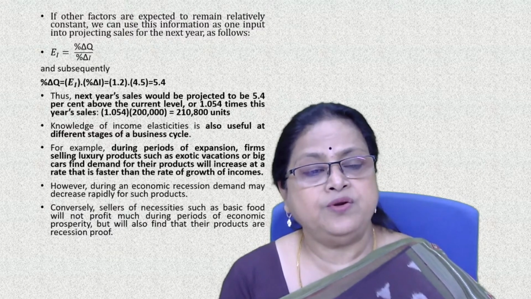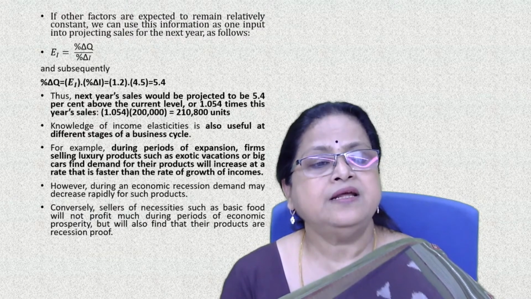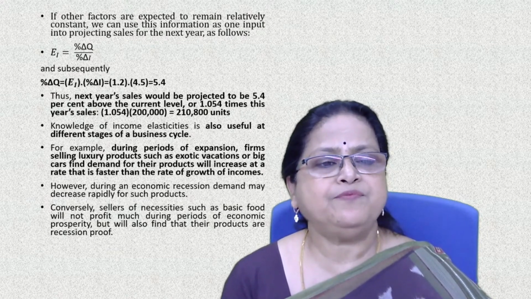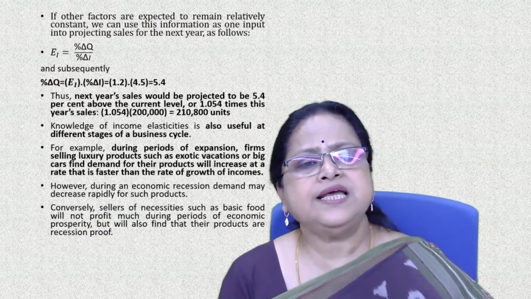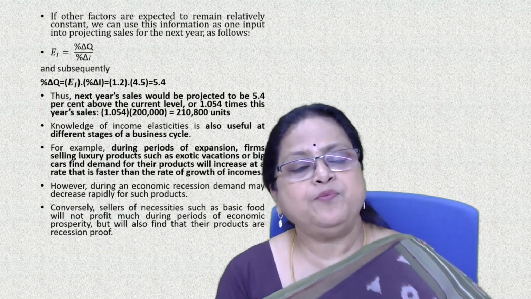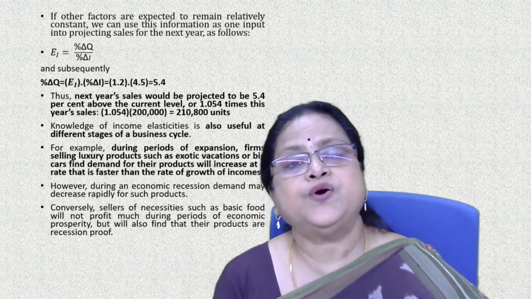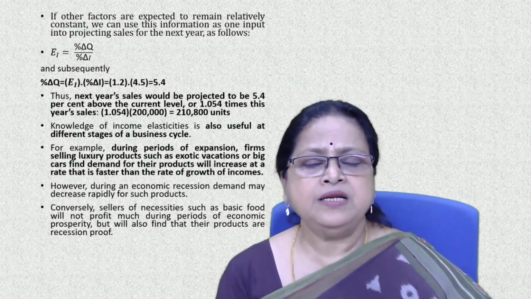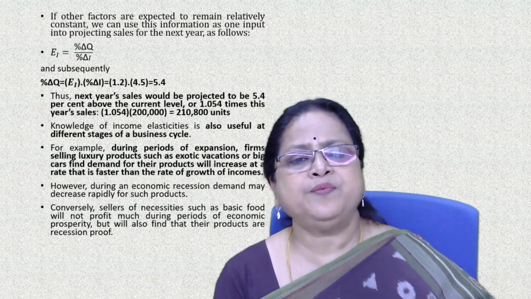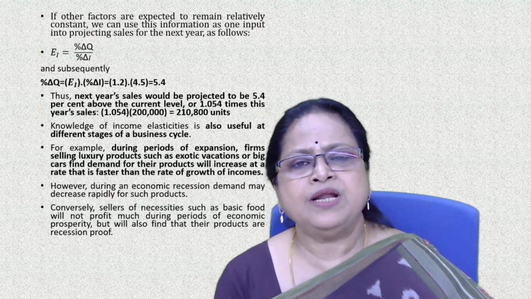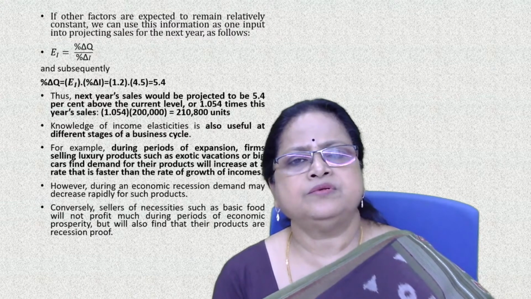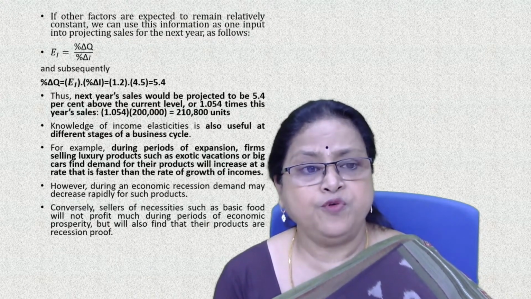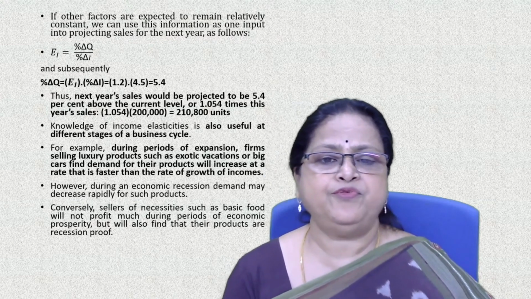EI is 1.2 from the earlier slide. We know that was the question given, and 1.2 times 4.5 is equal to 5.4. So next year's sale would be projected to be 5.4% above the current level. That means if this year we are selling 1, next year we are going to sell 1 plus 5.4%, that is 1.054 times.